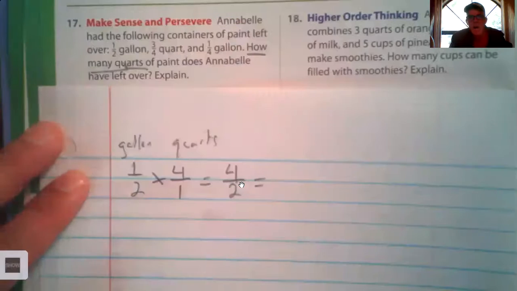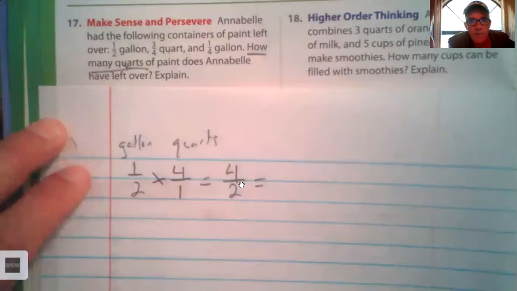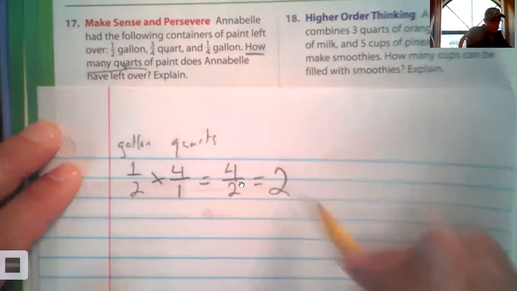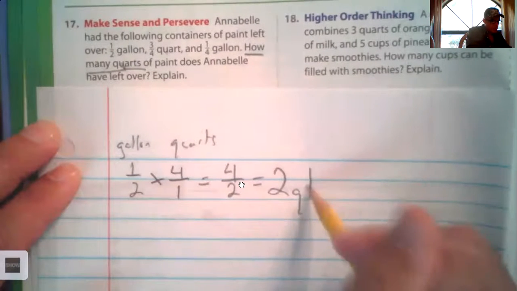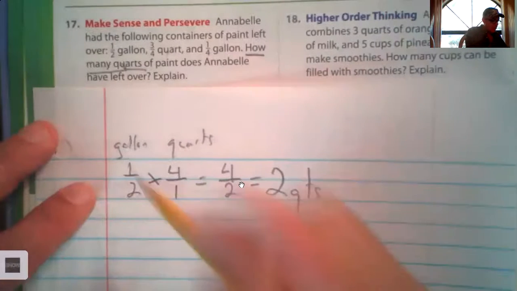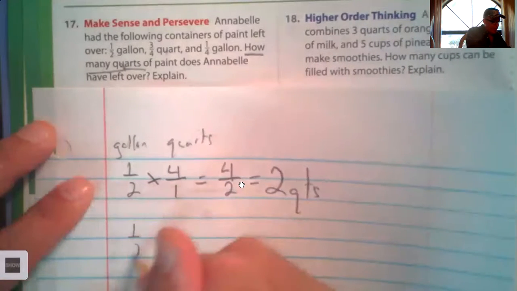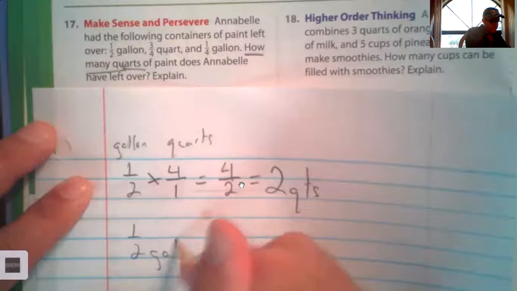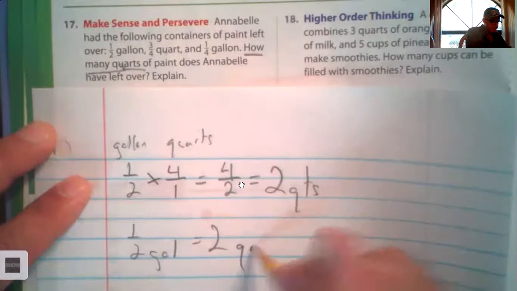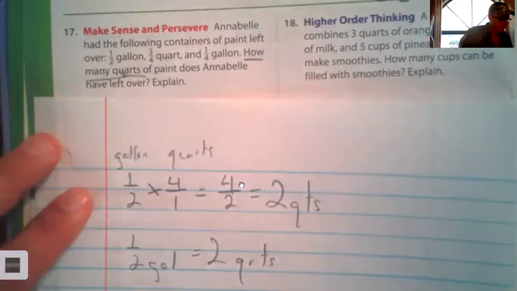How many 2's can we get out of a 4? We can get 2 2's. 2 plus 2 is 4. So we can get 2 quarts. I'm just going to say 2 quarts out of 1/2 gallon. So we know that 1/2 gallon equals 2 quarts.